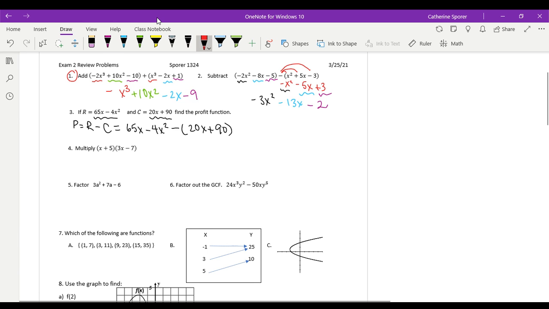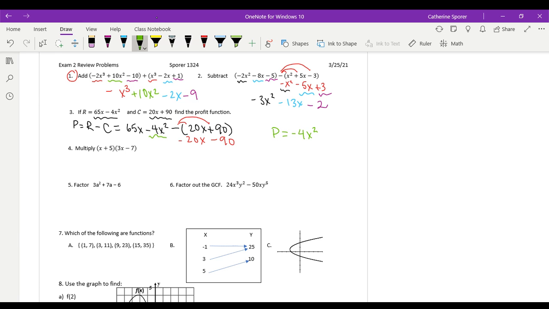Okay, so to do that, we would distribute the negative to the cost function. So that would give us negative 20x minus 90. And then we would combine like terms to get the profit function. So first we have negative 4x squared. There's nothing to combine that one to, so the profit is going to be negative 4x squared.